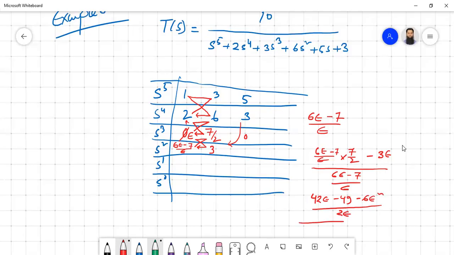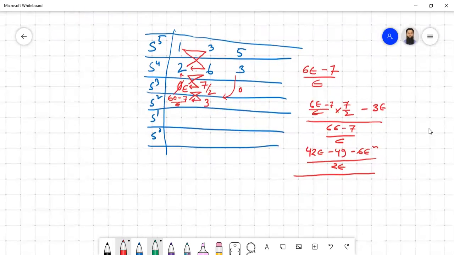The denominator is 6 epsilon minus 7 divided by epsilon. So epsilon will cancel out, and this 2 will be multiplied by this parameter.